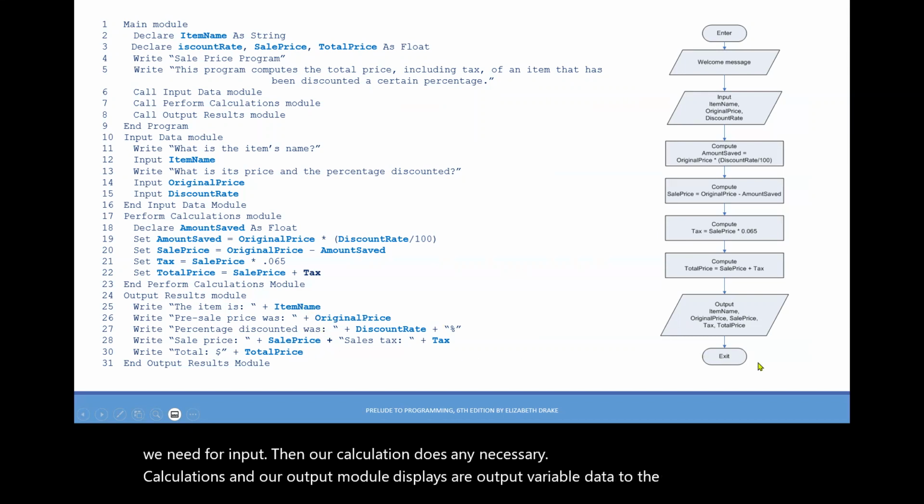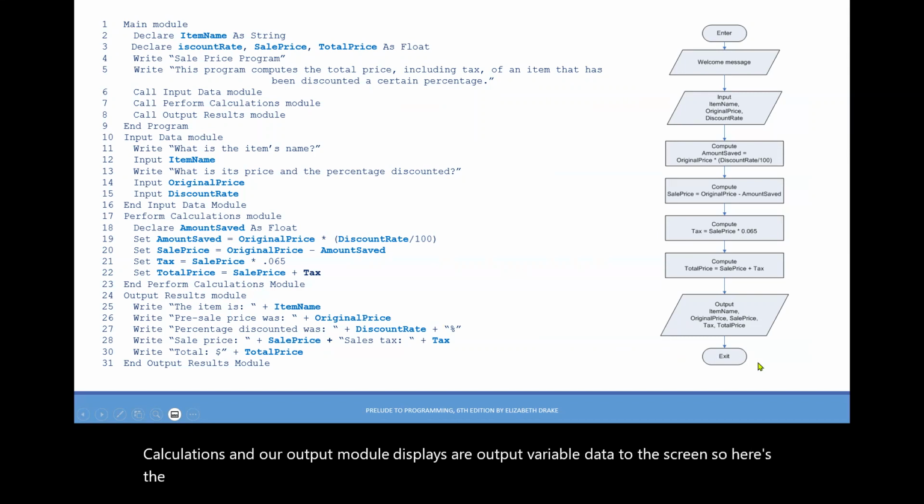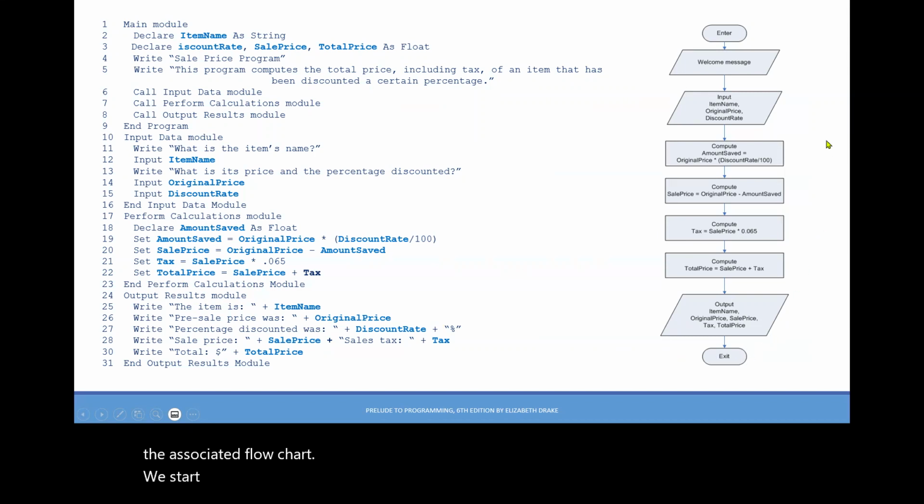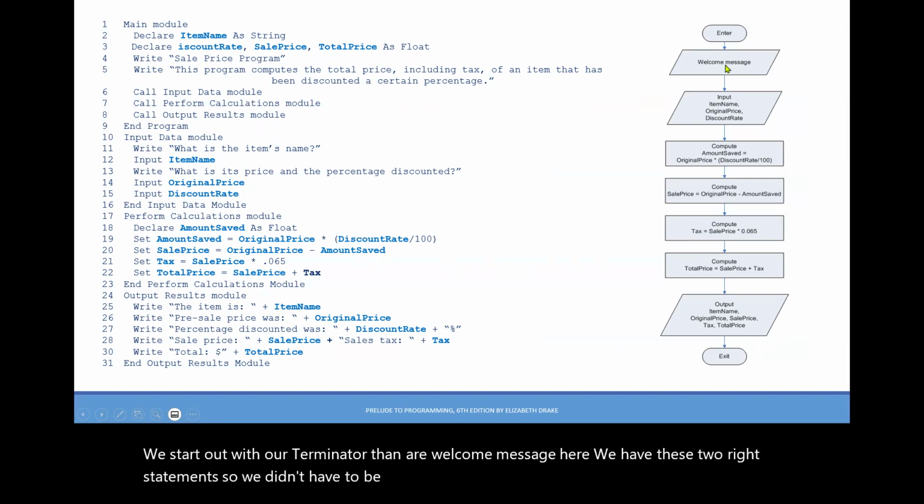So here's the associated flowchart. We start out with our terminator, then our welcome message here. We have these two write statements. We didn't have to be super specific in our flowchart, but we need to convey the fact that that welcome message is going to be output.